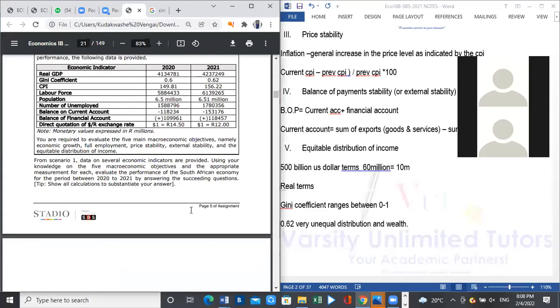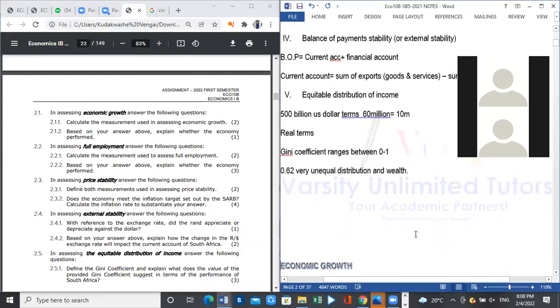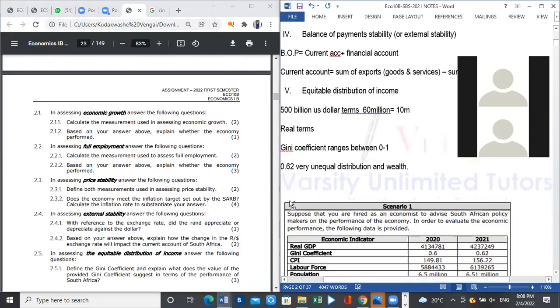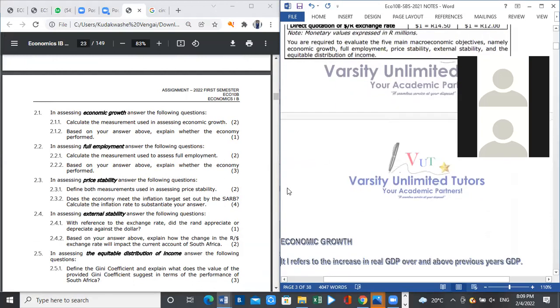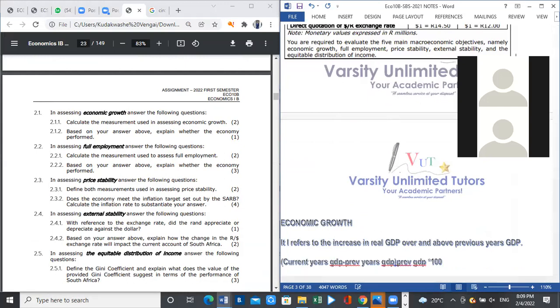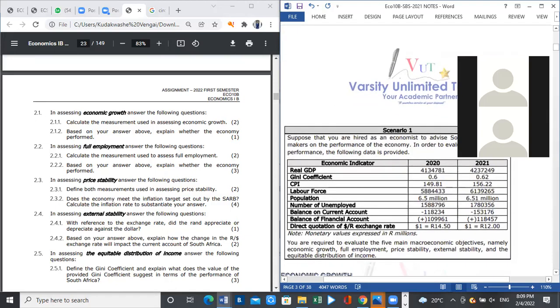All right, let me rush to the questions. The questions are saying that in assessing economic growth, answer the following questions. So this is the first indicator, economic growth. Let me bring that one down so that I have it on one page.